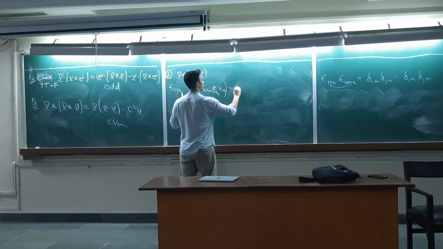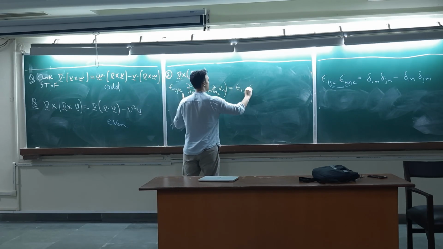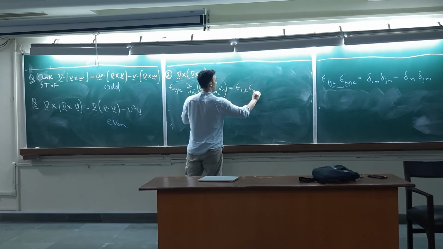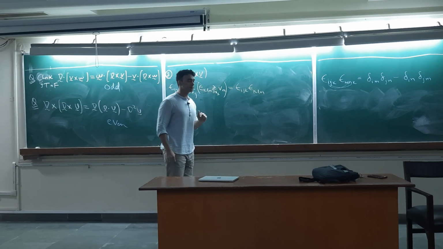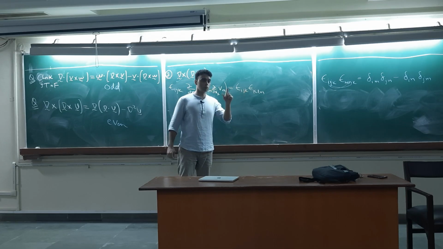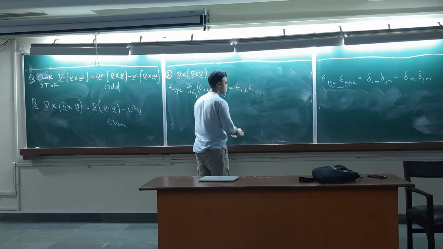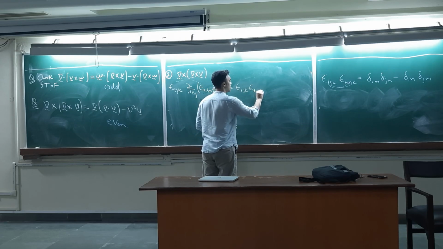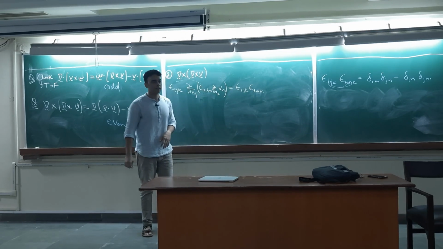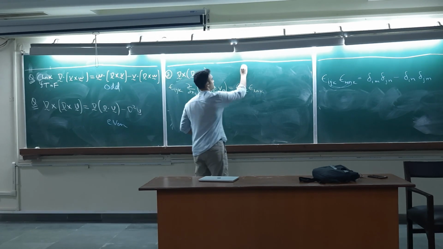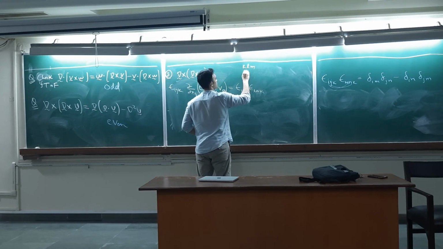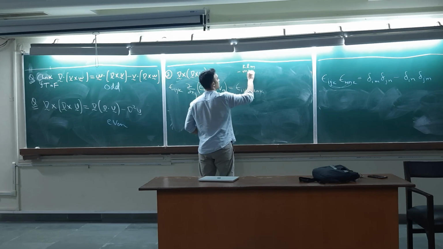Epsilon ijk, epsilon klm. I can shift these two, so two changes. So make it with the plus sign only. lmk, klm. So let me make it minus mlk.